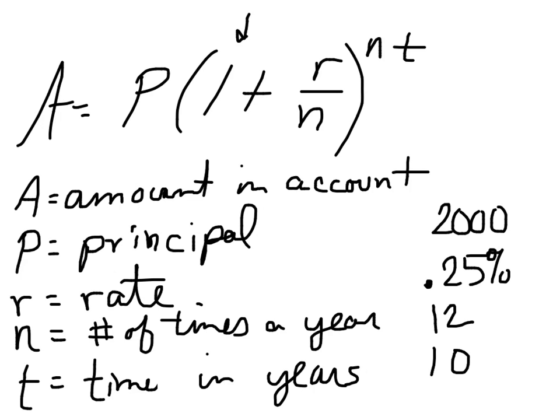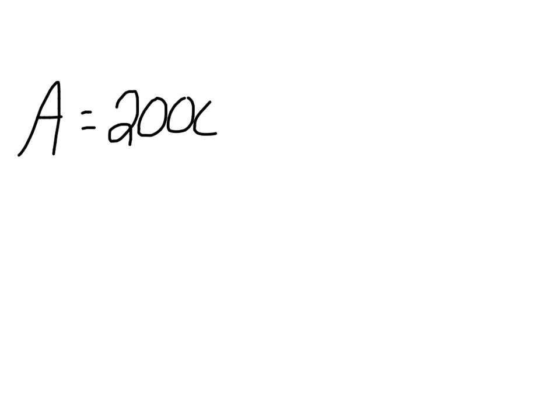So what I'm going to do is plug in all my numbers and let's just see what we get. It becomes a calculator busy work problem, honestly. Okay? So it's going to be something that looks like this. The amount in the account is what we don't know. We know that we started with $2,000. 1 plus.